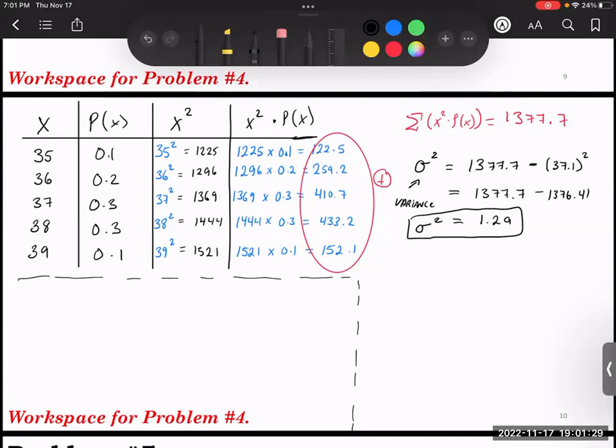So we got the variance. Now I want the standard deviation. All right, so lastly, for the standard deviation, all you got to do is just take the square root of the variance. Okay, so if I take the square root of 1.29, and you round your answer to, well, I'll go with the chat, if you round it to 3 decimal places, it will be 1.136.